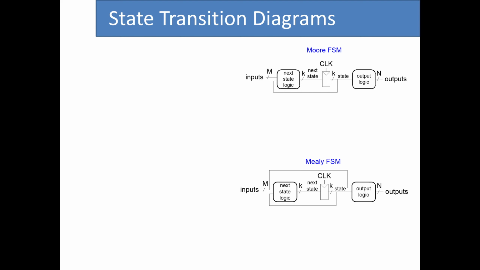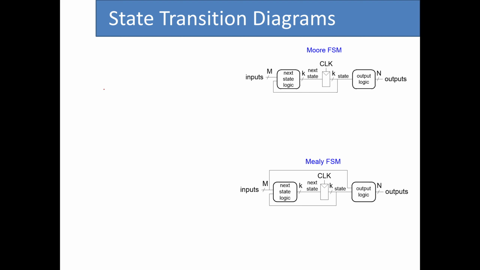So now let's go over the different steps that we need to take to design the circuit that we want using both Moore FSM and Mealy FSM. If you remember from before, after identifying the inputs and outputs for our FSM, the next step would be to come up with the state transition diagram.